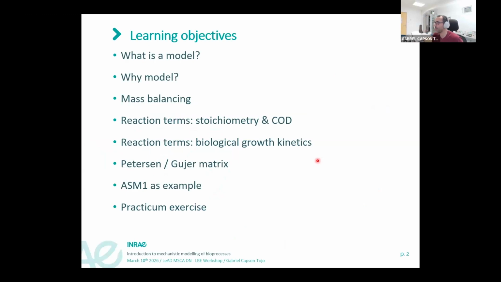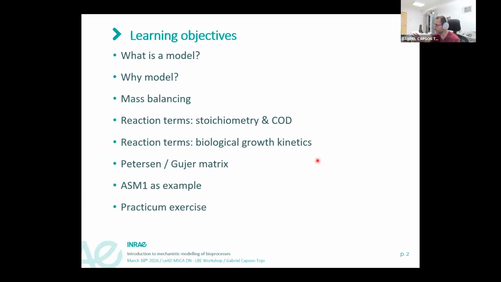So what we're going to be talking about now is, first of all, what is a model? After the lecture of Yoram, that's going to be pretty easy for me. Why modeling? And then we're going to go through some of the most important concepts when we are developing a mechanistic model of a bioprocess. So things like mass balancing.